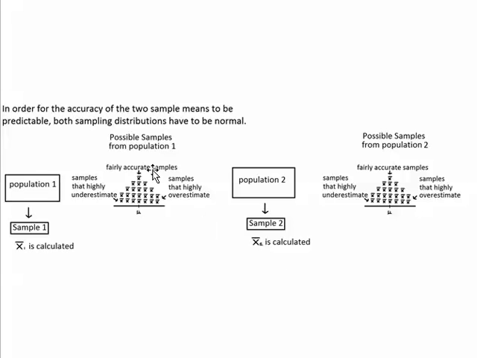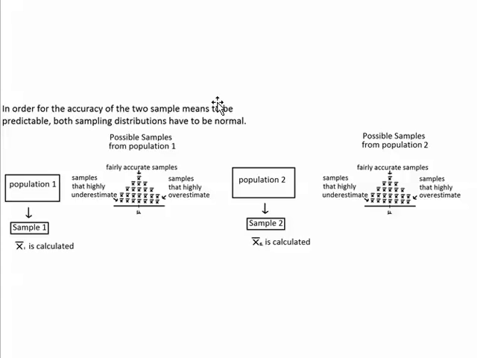And these two sampling distributions will be normal either if the two populations are normal, or if the two sample sizes are at least 30.